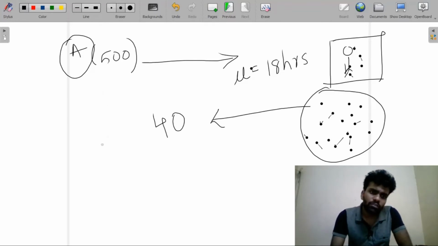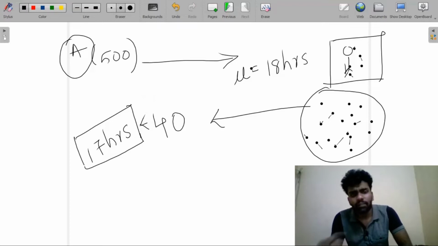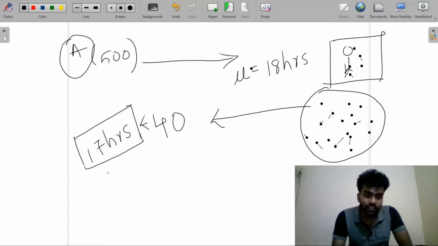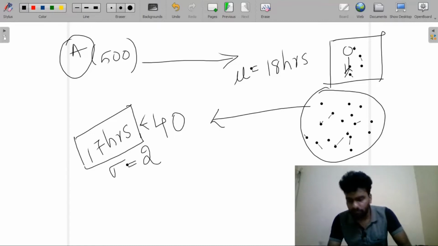I got around 17 hours, with a standard deviation of 2. The deviation between the values is 2.